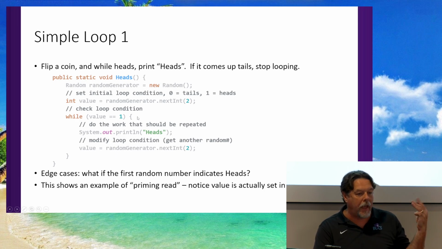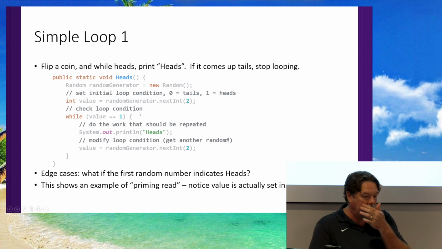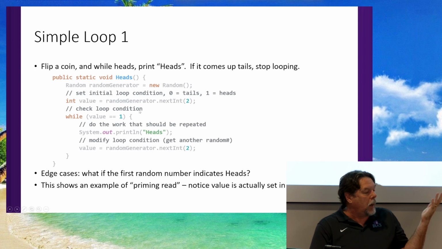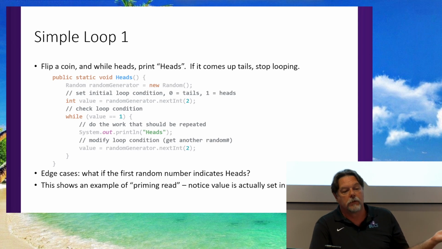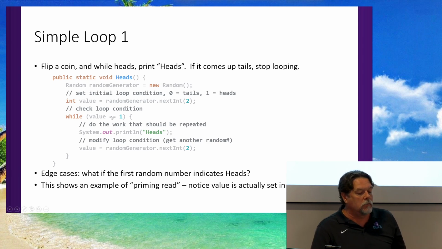So of our 3 patterns, checking it at the beginning, the middle, or the end, this one is the example where I check the loop condition at the beginning. So if I come in here and the very first random number is a 0 for tails, what's going to happen when I get to the while statement and evaluate the loop condition the first time?